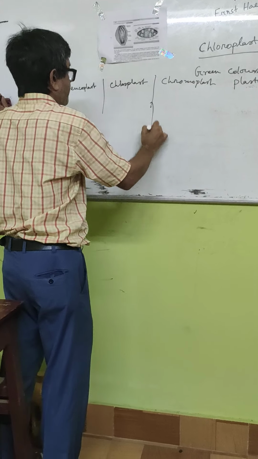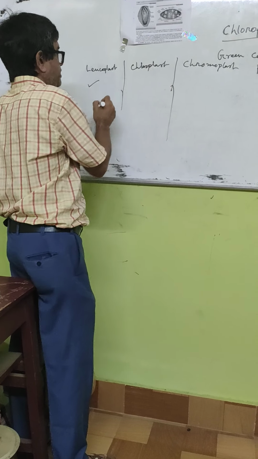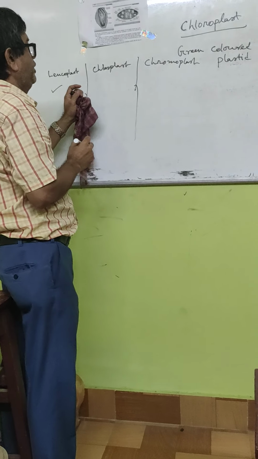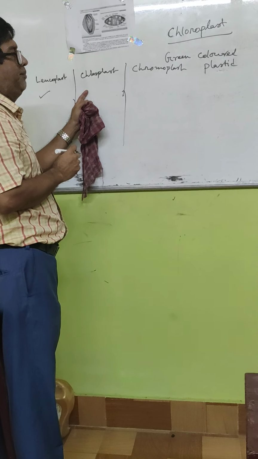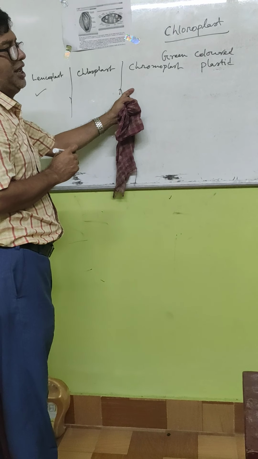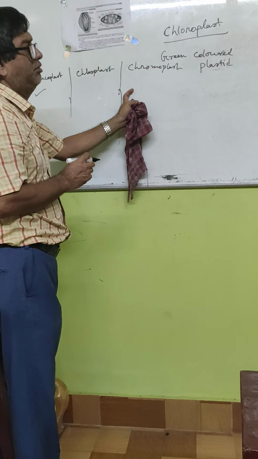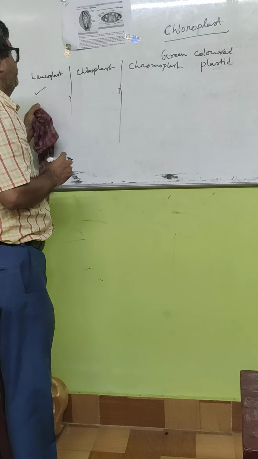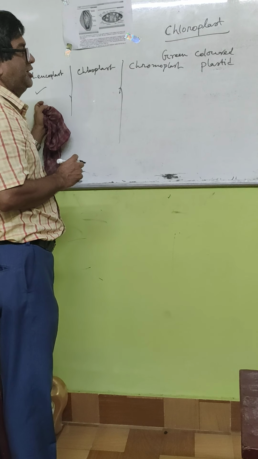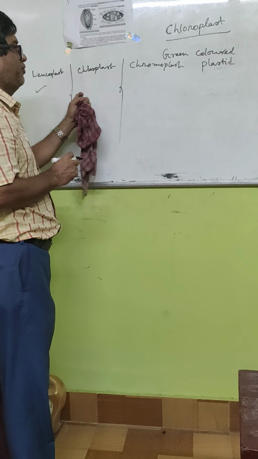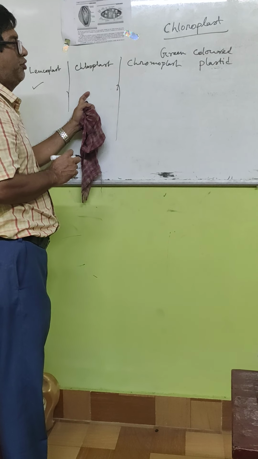Leucoplast, as I said, is a colorless plastid. Chloroplast is a green colored plastid. Chromoplast is colored other than green and white, reddish yellow. The function of leucoplast is storage. The function of chloroplast is photosynthesis.